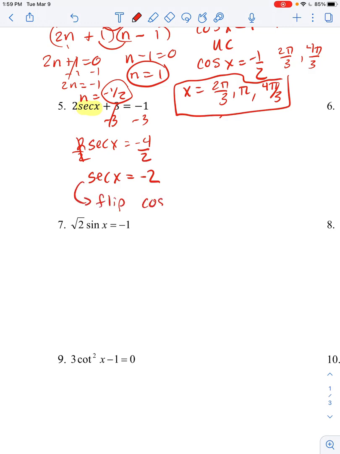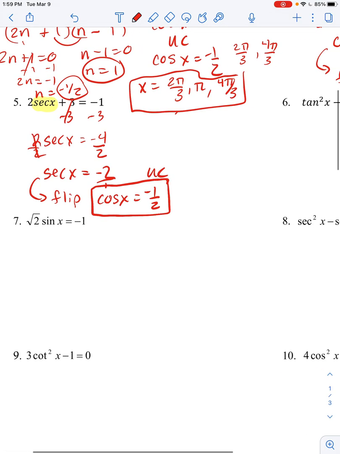It will become cosine, and -2 over 1 becomes -1 over 2. So now I can travel to my unit circle and look for places where the cosine, which is the x coordinate, equals -1/2. And I see that happens at 2 pi thirds and again at 4 pi thirds.